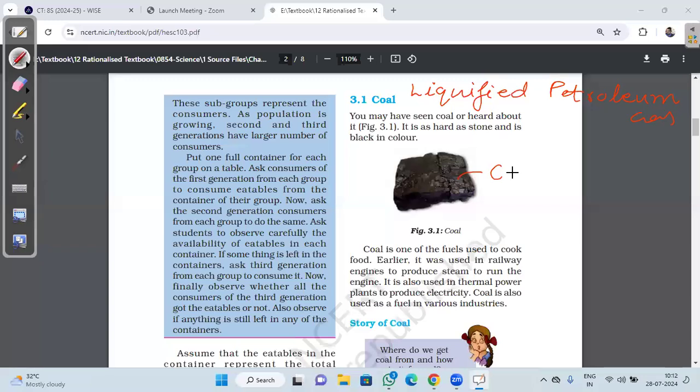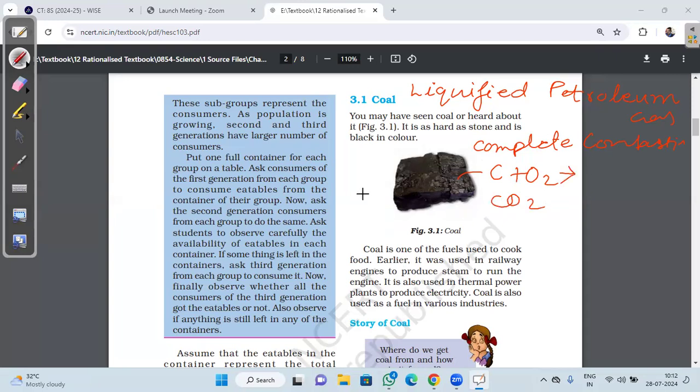If you have complete combustion, that means a sufficient amount of oxygen is available, and carbon plus oxygen will give you carbon dioxide as the product.